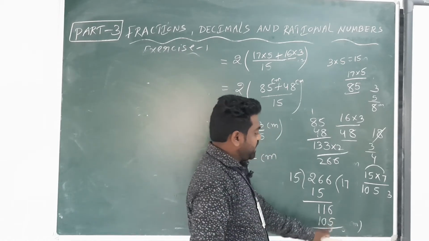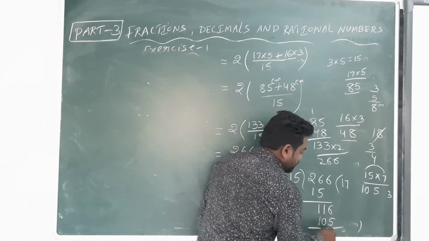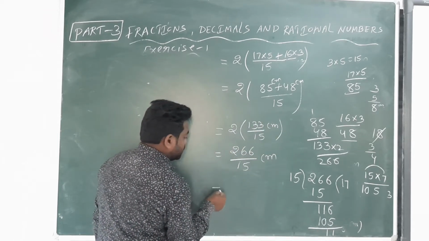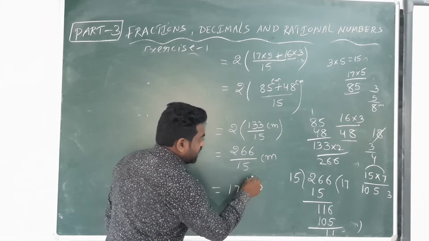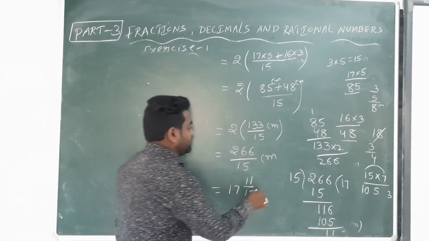Remainder 6 minus 5 is 1, 1 minus 0 is 1. That is equal to 17 11 by 15 centimeters.